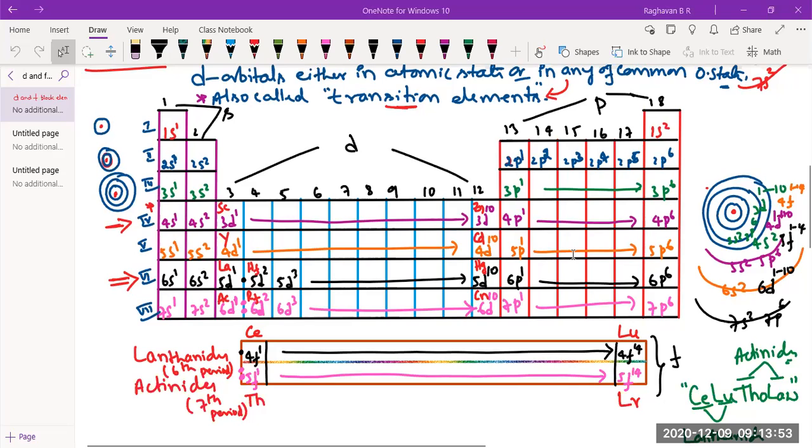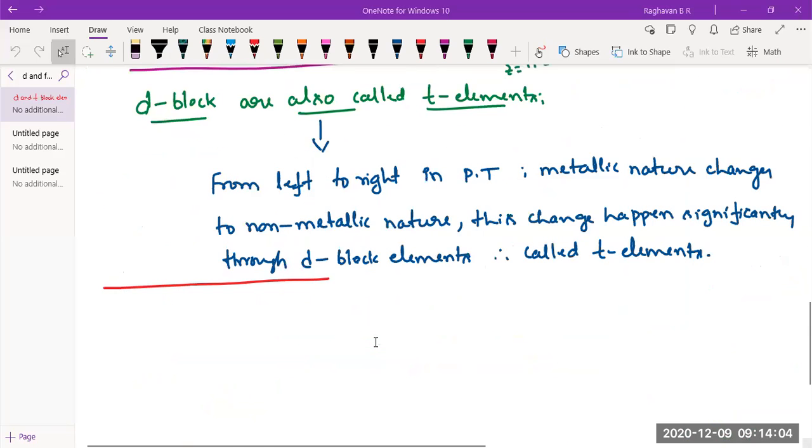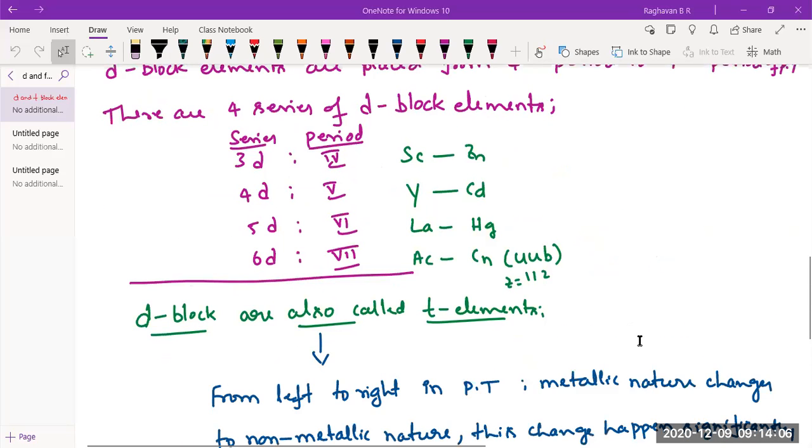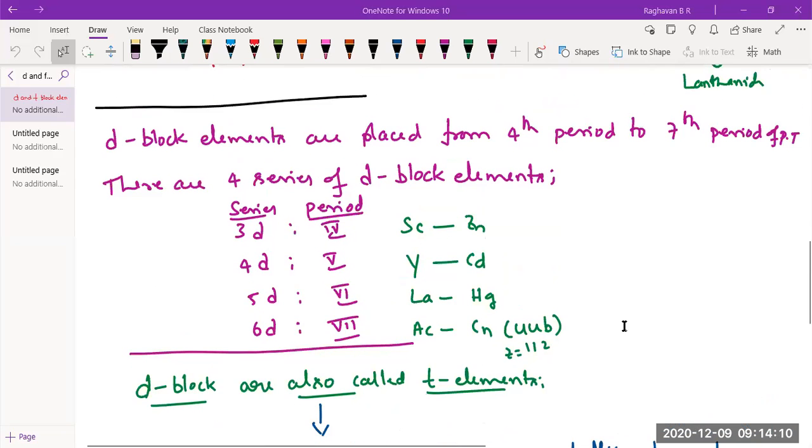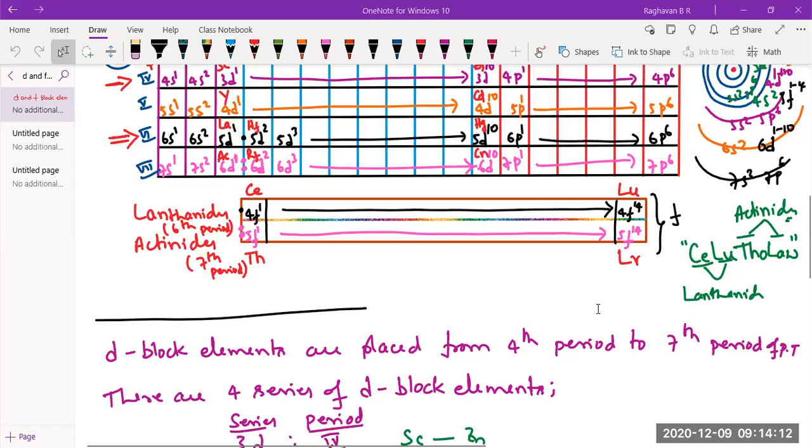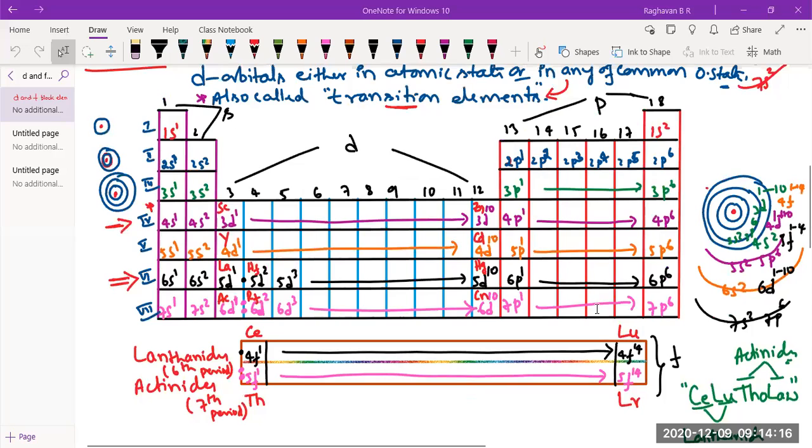Thank you, sir. Sir, can an element have variable oxidation states and still not be a transition element? That's what I was telling, zinc, no. Zinc has only one oxidation state. What was your question? Can it be that an element has variable oxidation states and still not be a transition element? See, by and large, P block elements are so.